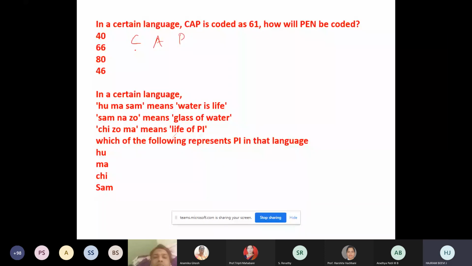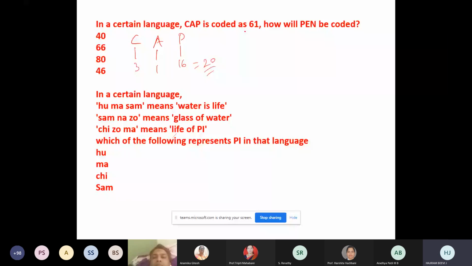If we take the forward position, C is 3, A is 1, then P is 16. So 16 plus 3 is 19, 19 plus 1 is 20 only. But here we have 61. So here we have to follow the reverse positional value of the alphabets.